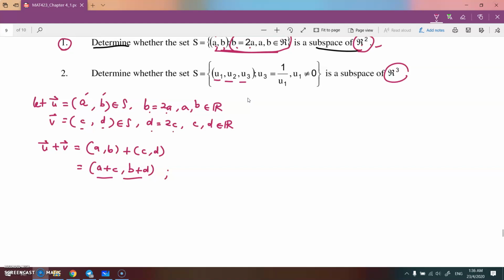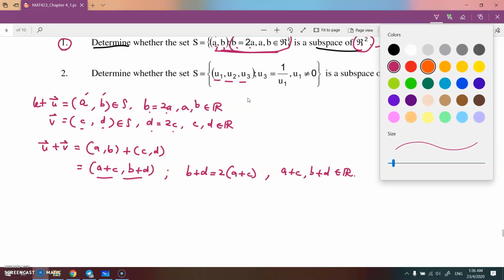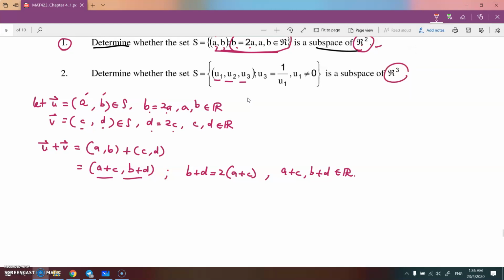So now your B has become B plus D, and your A has become A plus C. Then you have A plus C, B plus D as an element of S. Now you have to prove this.